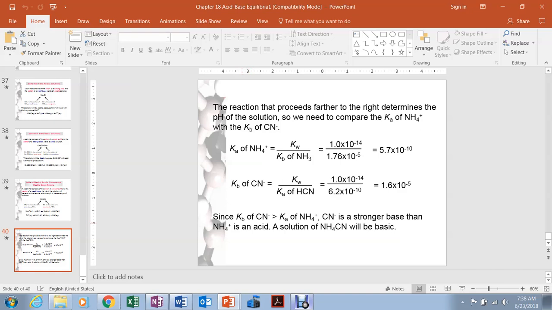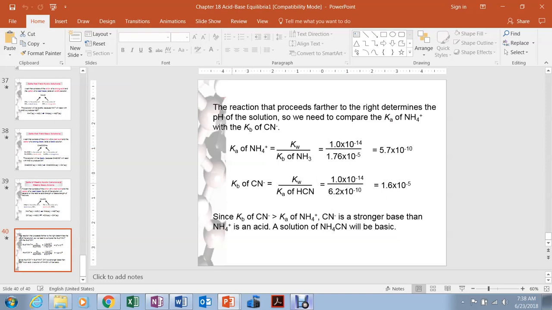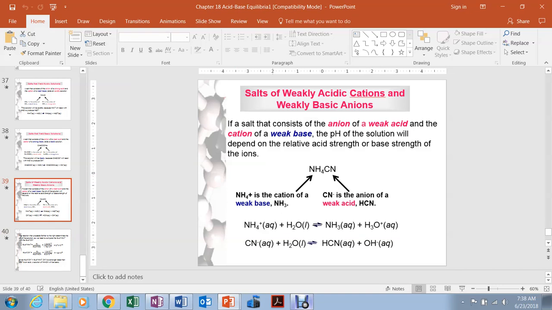Since the Kb of CN minus is greater than the Ka of NH4, it's a stronger base than NH4 is an acid, so a solution of NH4CN will be basic. It depends on the Ka of the conjugate acid or the Kb of the conjugate base. Both of them, like I said, are going to react with water. It depends which one is greater. If Kb is greater, like in this case, it's going to be this reaction, and it's going to be a weakly basic solution.